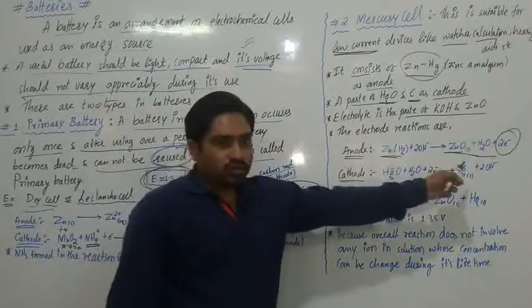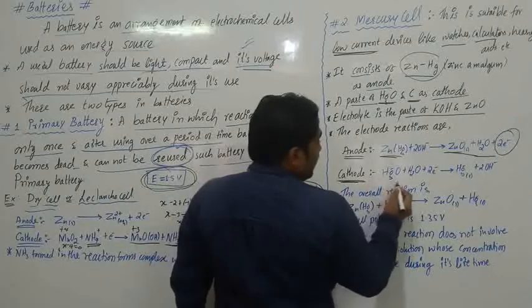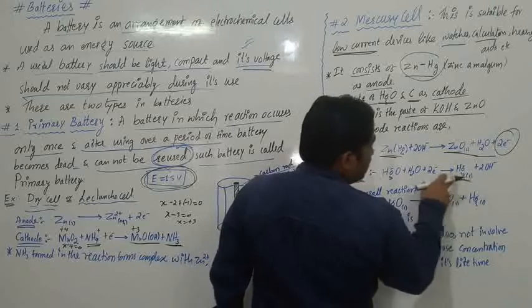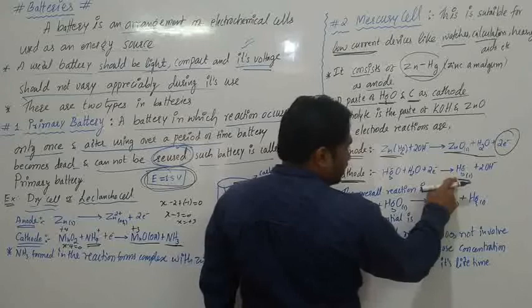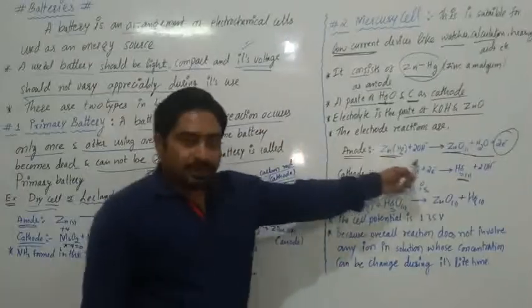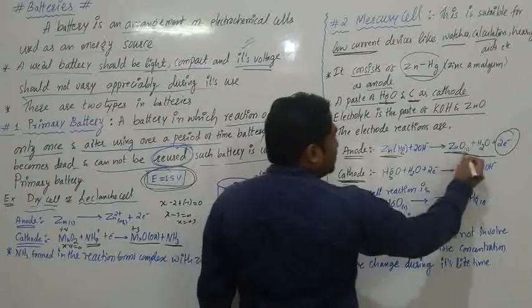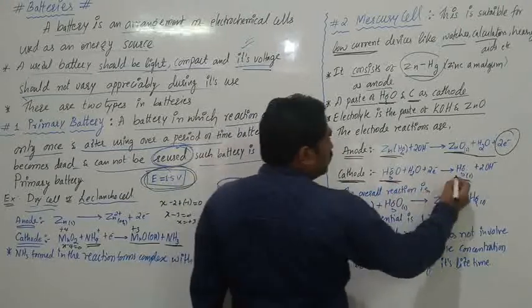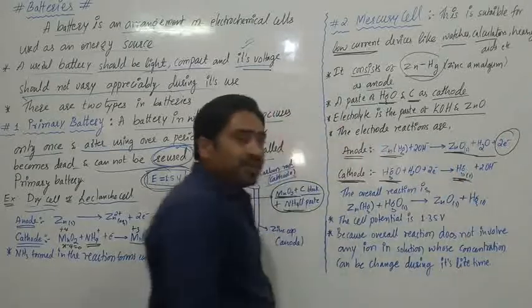At the cathode, mercury oxide undergoes reduction to form mercury. This mercury again reacts with zinc to form zinc amalgam.